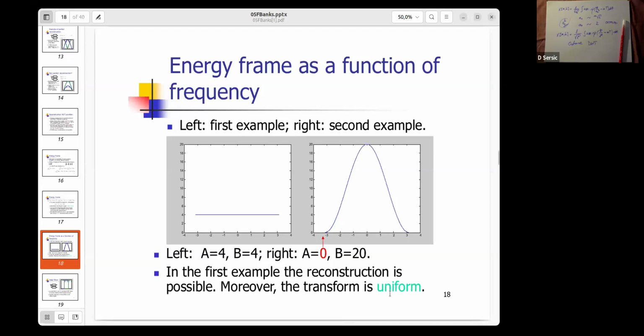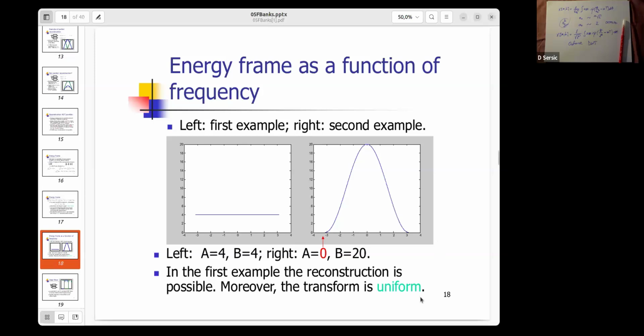But our second example was not satisfactory, because some of the signals of finite energy are transformed into a signal of zero energy. It was not unitary, but that can be important or not. There are so many applications where you can apply non-uniform filter banks and they will be fine.